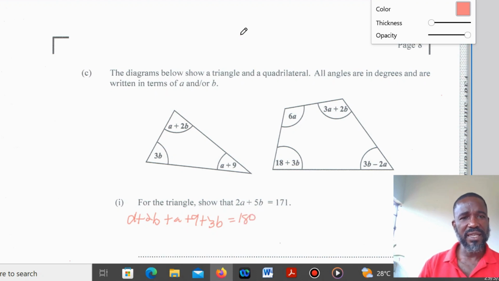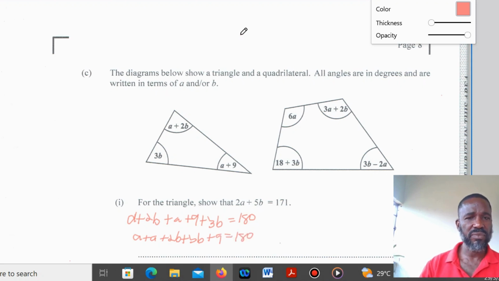Okay, so let's add these two terms. So whenever we're adding algebraic terms, we add like terms. So we're going to group. So grouping like terms, A plus A. And then we have 2B plus 3B plus 9. And all of that is equal to 180.